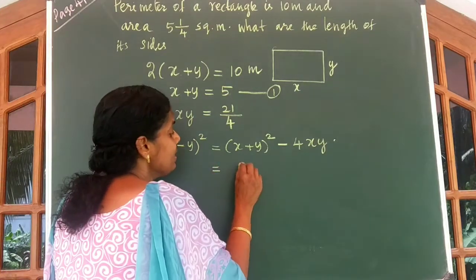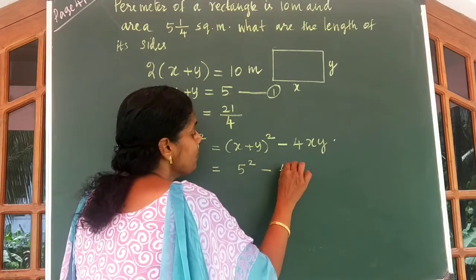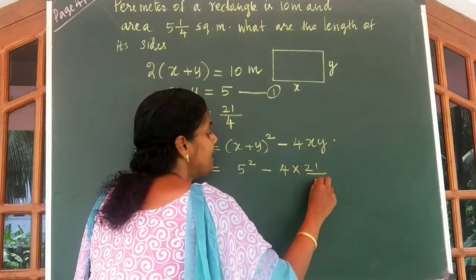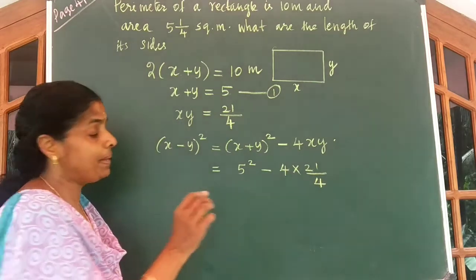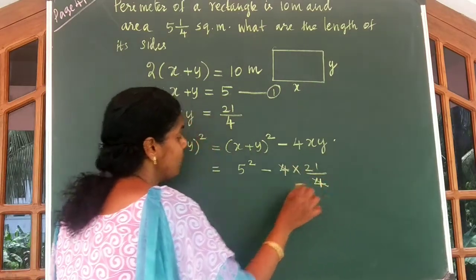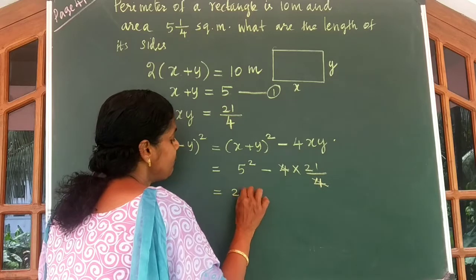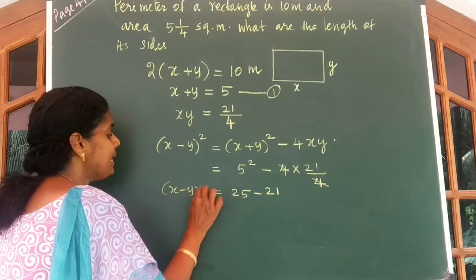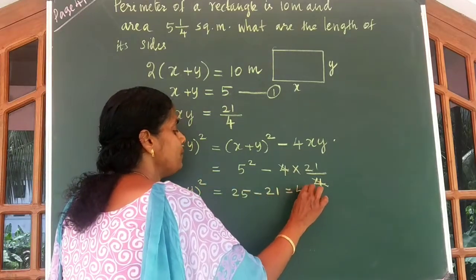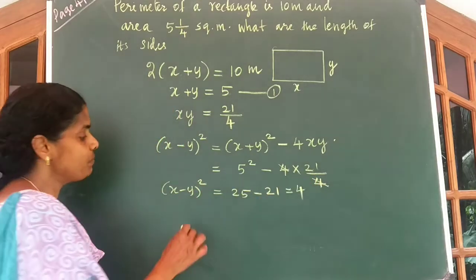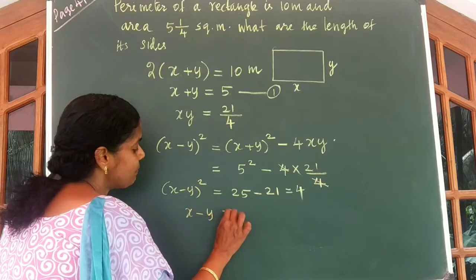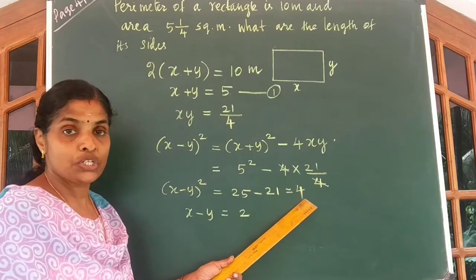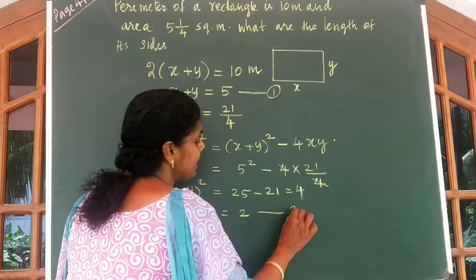So we can write 5 square minus 4 into xy. xy is 21 by 4. Now what happens? 4 cancels with 4. So you get 25 minus 21. So you got x minus y the whole square to be equal to 4. From this we can write x minus y is equal to 2 because 4 is nothing but 2 square. This is our second equation.